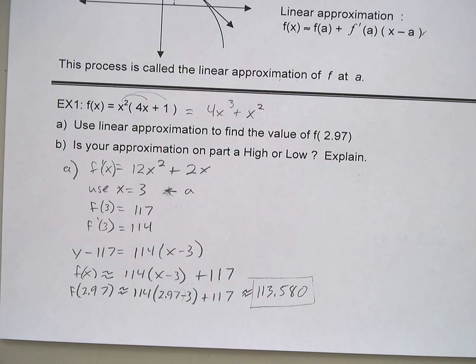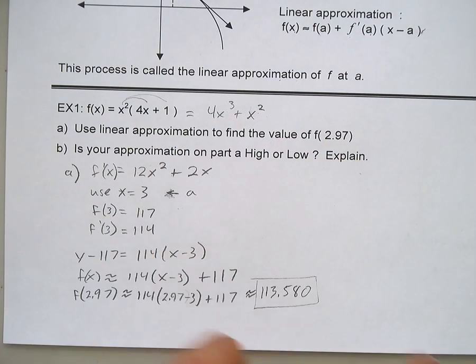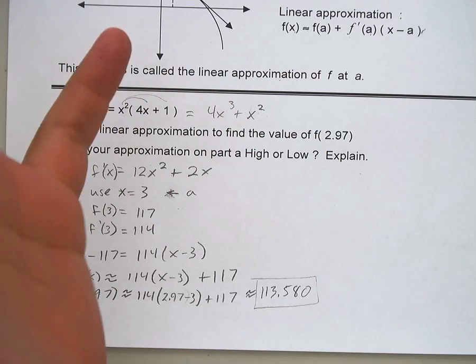Okay, here's the point of this. If you're trying to figure out the value of a function at 2.97, you're trying to find f of 2.97. We did linear approximations a long time ago.